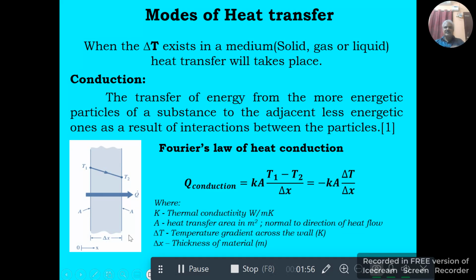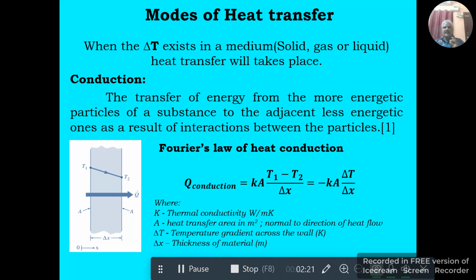First we will see the conduction mode of heat transfer. Conduction primarily occurs in solids, and the famous law which governs it is Fourier's law of heat conduction, given by the equation Q = kAΔT/Δx, where k stands for the thermal conductivity of the material.